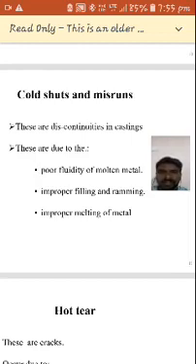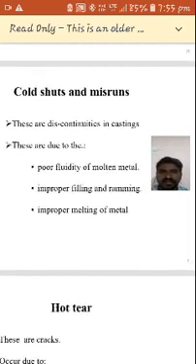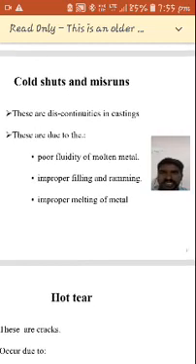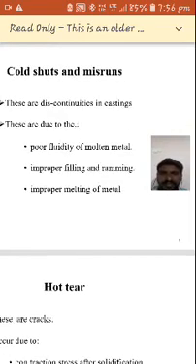So a cold shut mainly arises due to poor fluidity. The molten metal is poured into the mold cavity through the sprue, and if it has poor fluidity it does not flow properly into the cavity. Then improper filling and ramming: if ramming is not done properly, blowholes can arise in the same way.